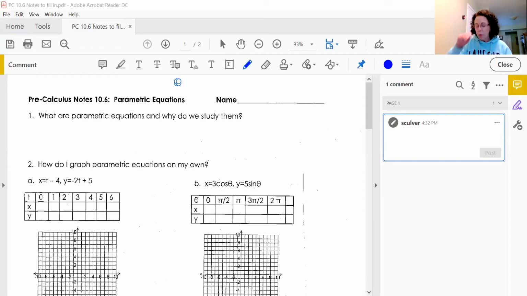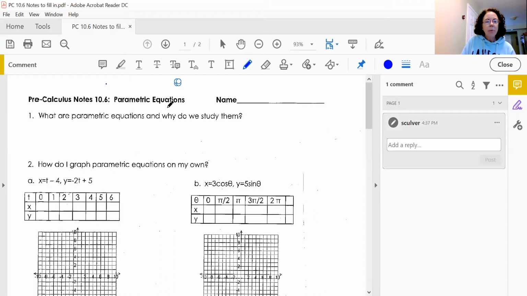So I'm going to share my screen, and you have pulled out your chapter 6, your 10.6 notes, which we have here. Okay, so let's start filling in these notes. What are parametric equations and why do we study them?